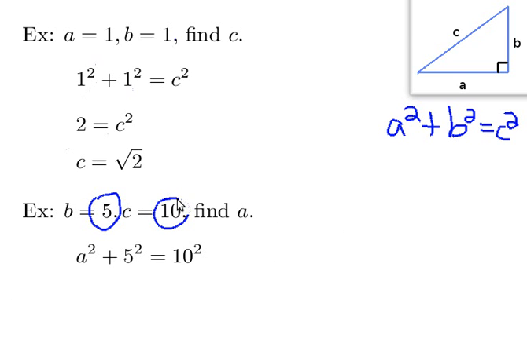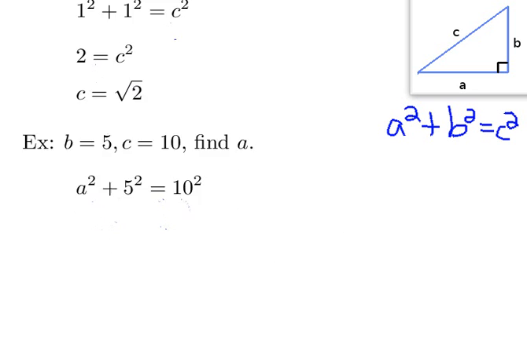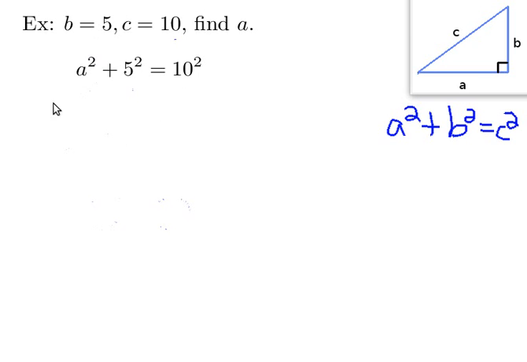Okay, so now I'm going to scroll down a little bit so I have a little more room. Okay, so it's not too hard to deal with this from here.